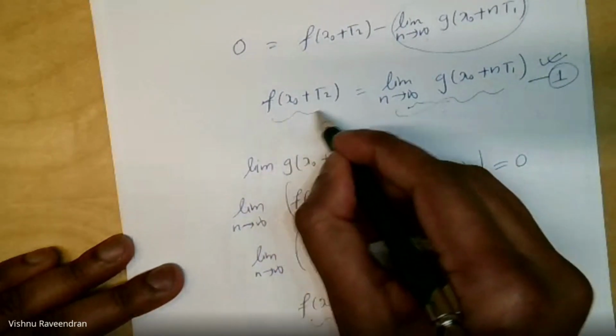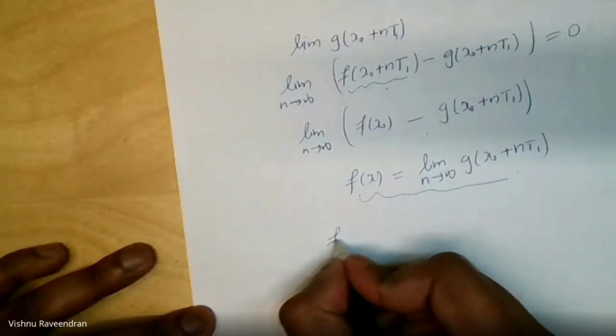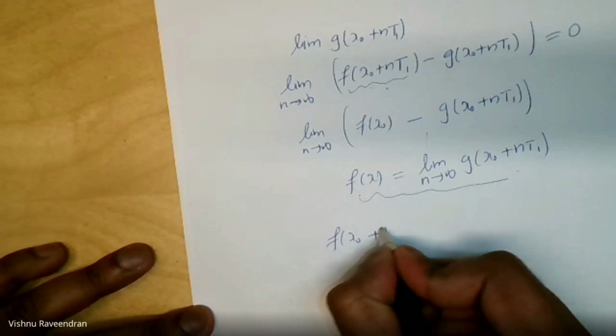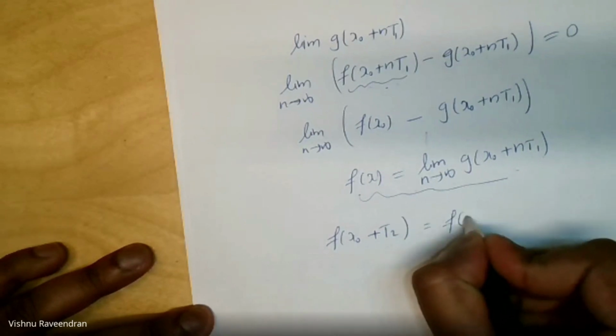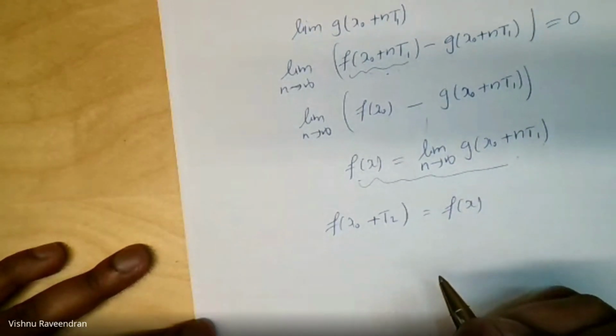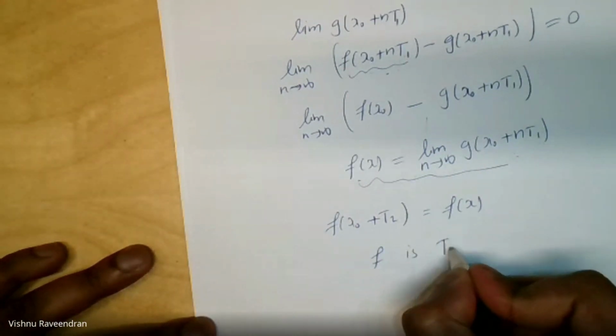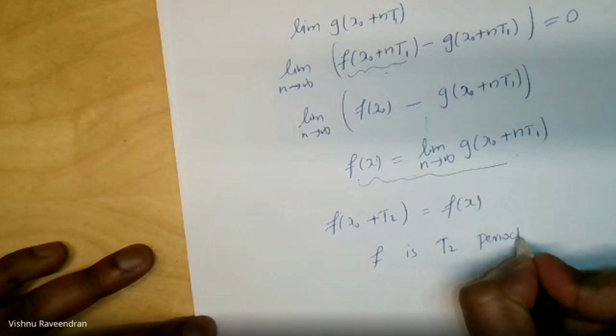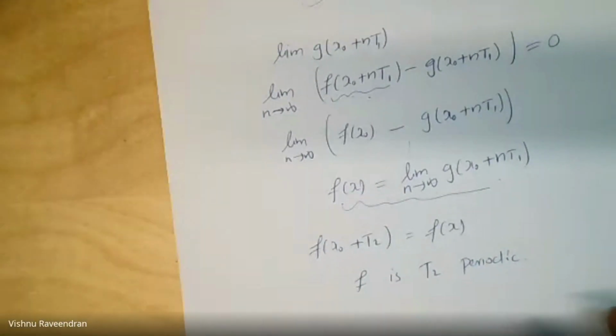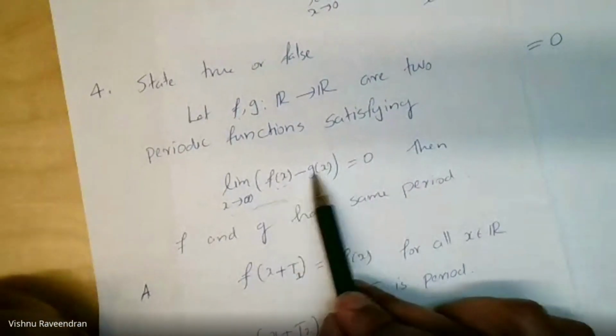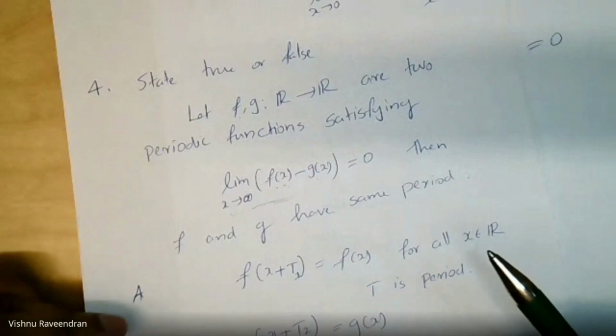So what we got? We got f of x naught plus t2 is equal to f of x naught. So f is t2 periodic. Hence our statement is actually correct. f and g have the same period.